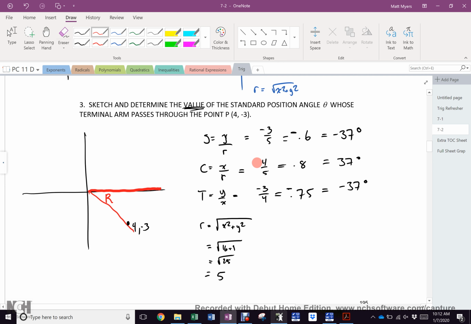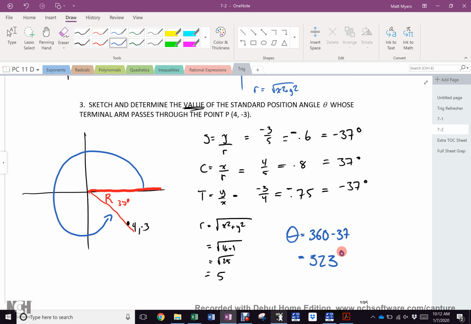So now we know the reference angle is 37, yes? So what then is theta? Theta is 360 minus 37, which is 323 degrees. Is everybody cool?